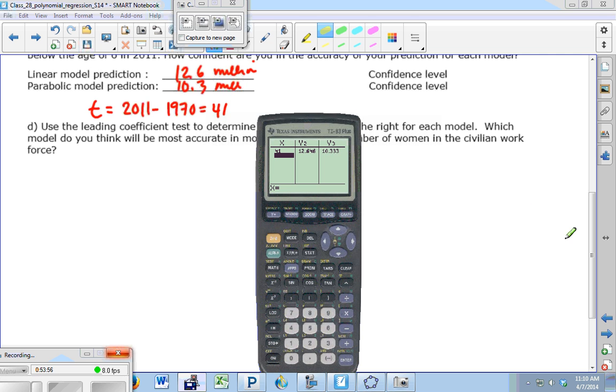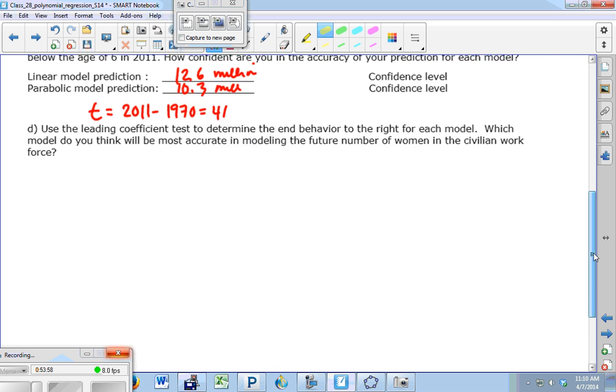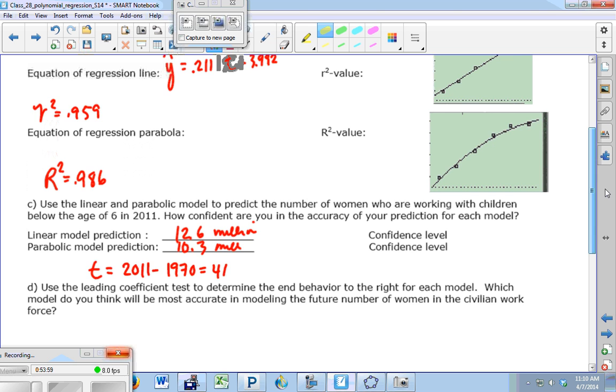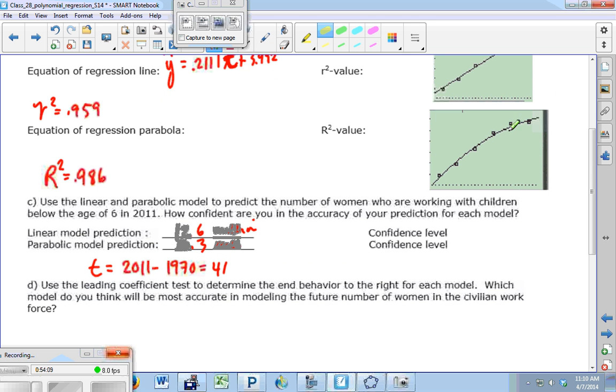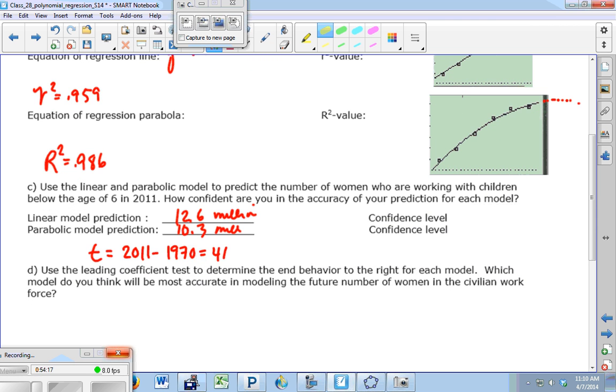And if you think about this, look at the picture a little bit. Notice your straight line is increasing. I'm going out here to 2011, whereas this is kind of curving. This is probably going to reach some kind of maximum soon, right? It's still increasing a little bit and then it's going to drop, right?